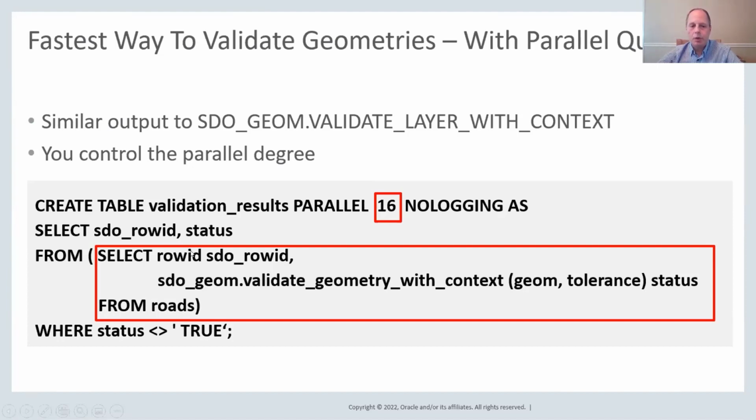And I'm also selecting the row ID pointer. And then on the outer part of the subquery, I'm selecting the row ID and the STO row ID and the status from this validation, but I'm only storing in the validation results the ones where the status is not equal to true. And you can do a parallel degree here, and this scales really, really nice, very linearly.